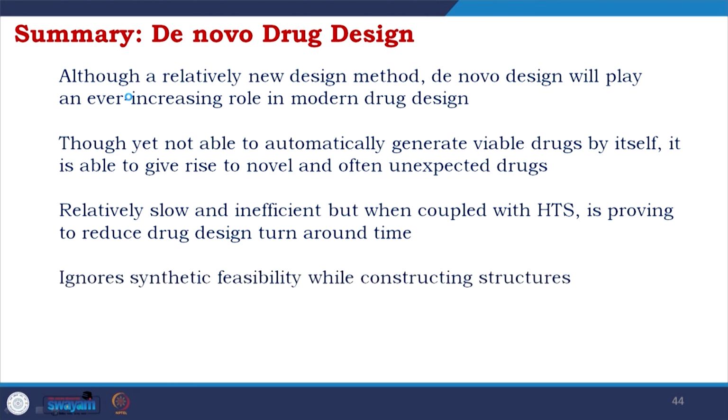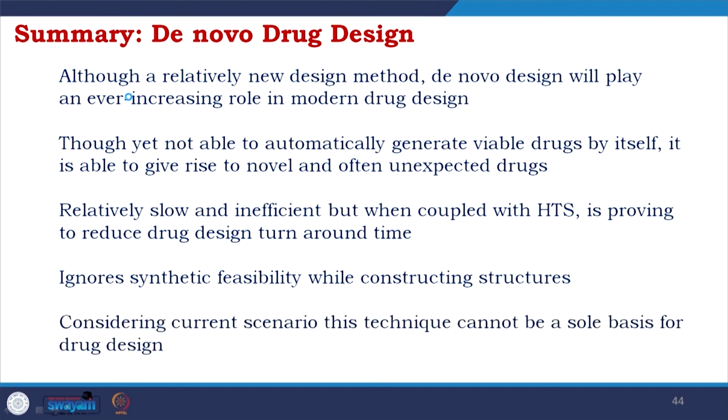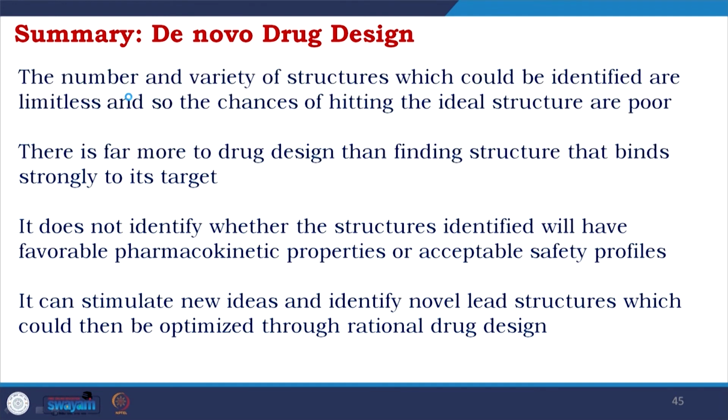It ignores synthetic feasibility while constructing structures, which is a very good thing. Considering the current scenario, this technique cannot be a sole basis for drug designing; it is dependent on other techniques. The number and variety of structures which could be identified are limitless, and so the chances of hitting the ideal structure are normally poor. There is far more to drug designing than finding a structure that binds strongly to its target.